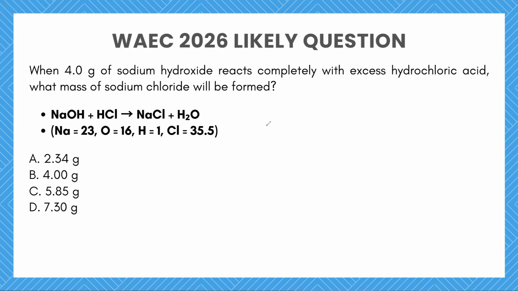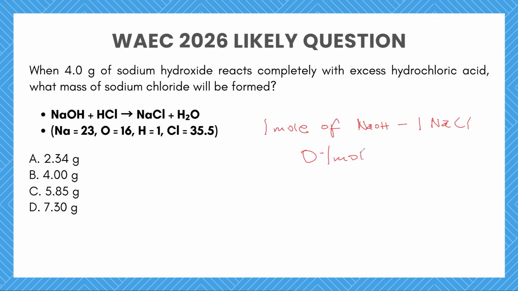Here's how that works. Now, from the equation, we know that 1 mole of sodium hydroxide produces 1 mole of sodium chloride. So therefore, we calculated the number of moles of sodium hydroxide to be 0.1.